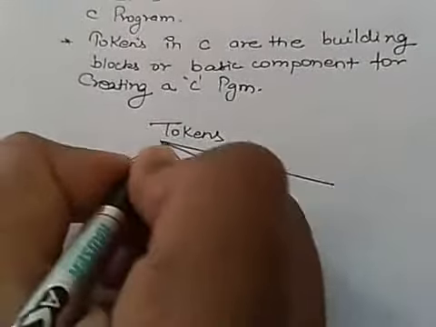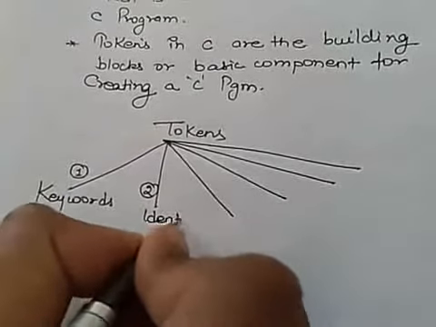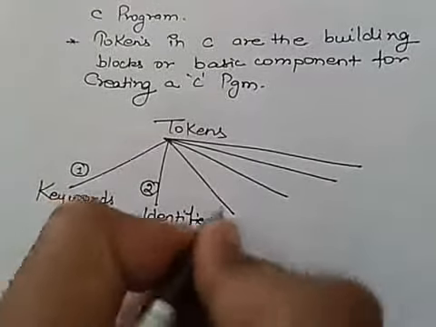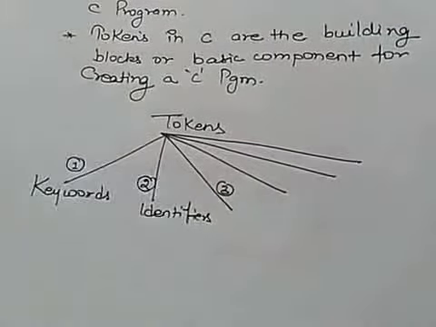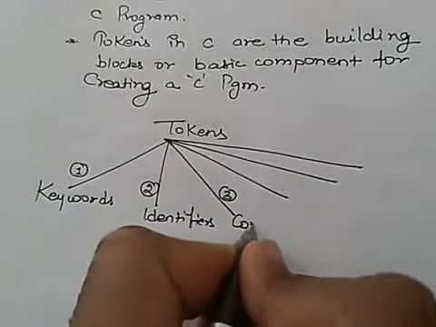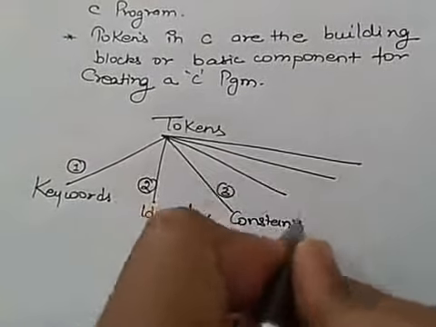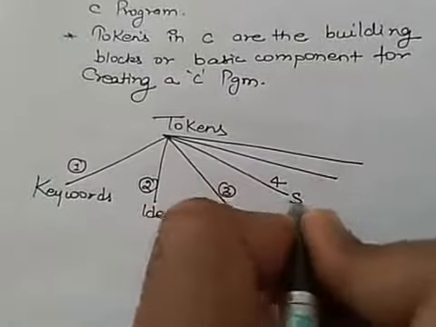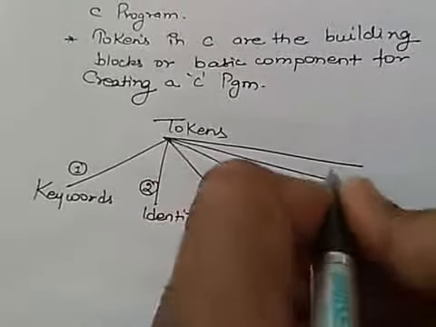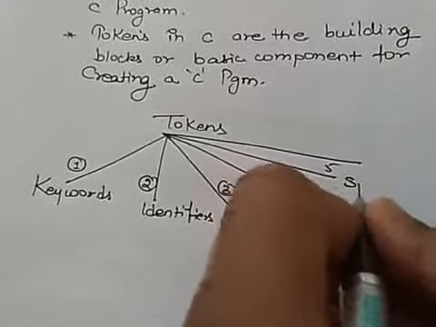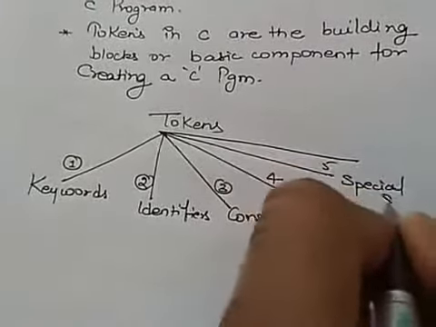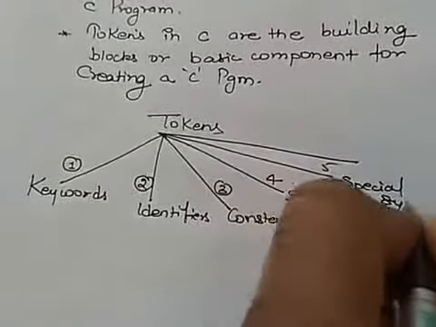One is keywords, second one is identifiers, third one is constant, fourth one is strings, fifth one is special symbols, and sixth one is operators.